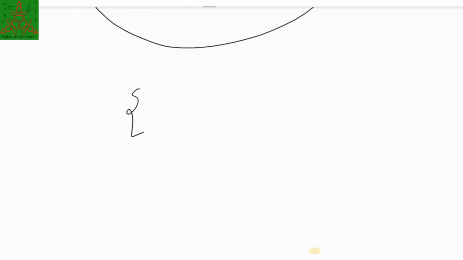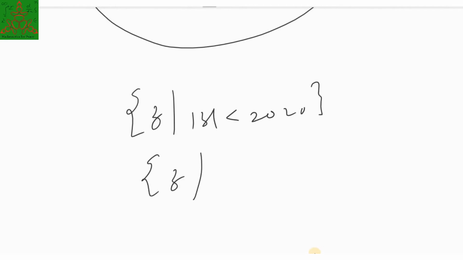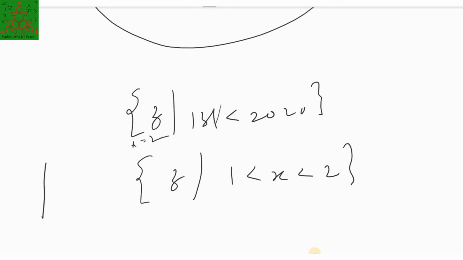For example, I can say that the set of all z such that |z| is less than 20 is a bounded set, but the set of all z such that x is between 1 and 2 is not a bounded set. If you can see in the figure, this is your x axis and this will be your y axis, this is the line x equal to 1, this will be the line x equal to 2, and this set is represented by the points on this strip.